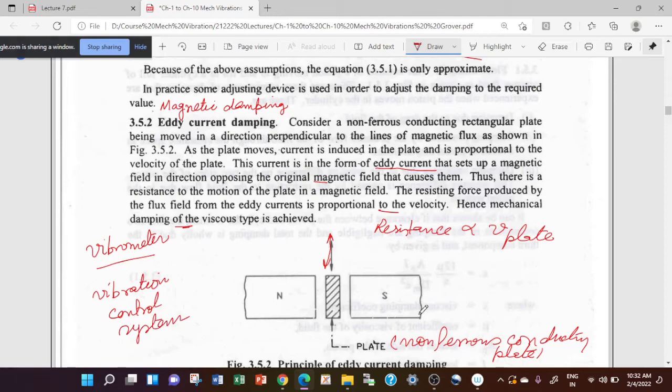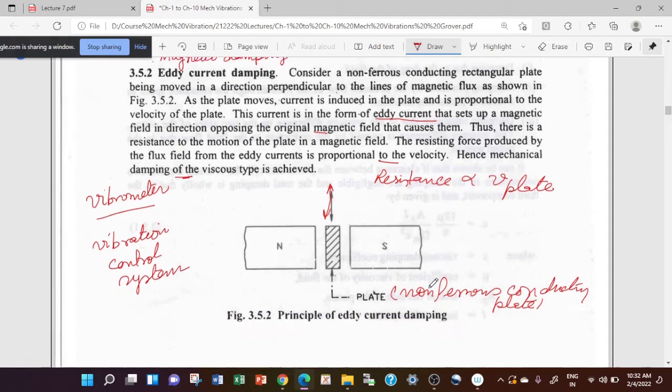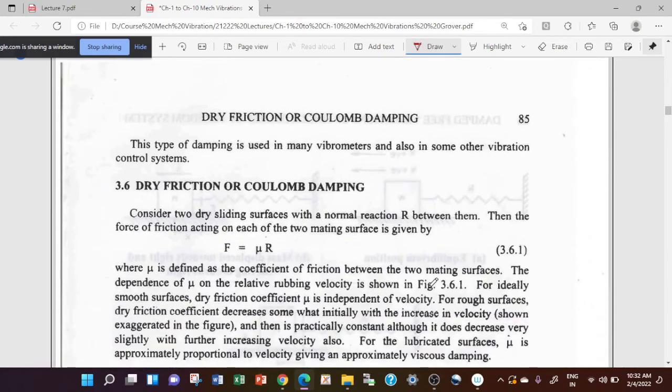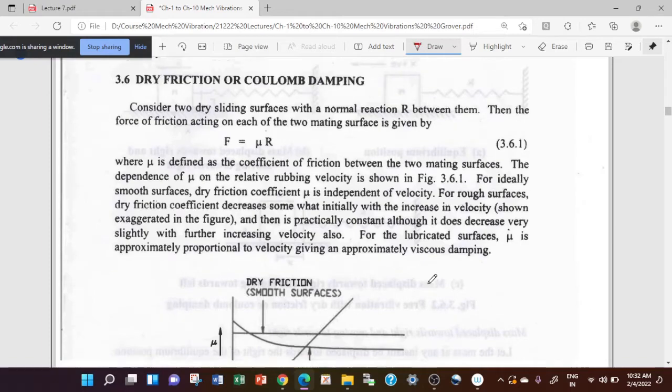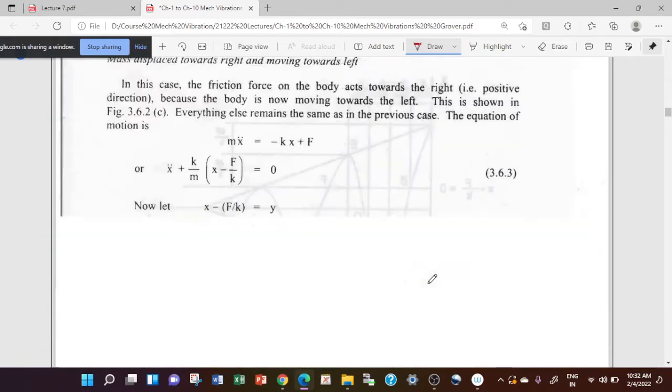So these are the applications of eddy current damping. I will discuss dry damping in the next class. So I can take up some more damping here.